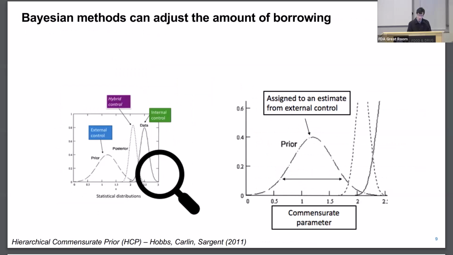So when you have more differences between internal and external controls, you would likely have a prior which is more flat. In those instances, you would borrow less. On the other hand, if you have more trust, then you have a prior that has more weight, and that would provide a scenario of borrowing more. So that's the commensurate prior.